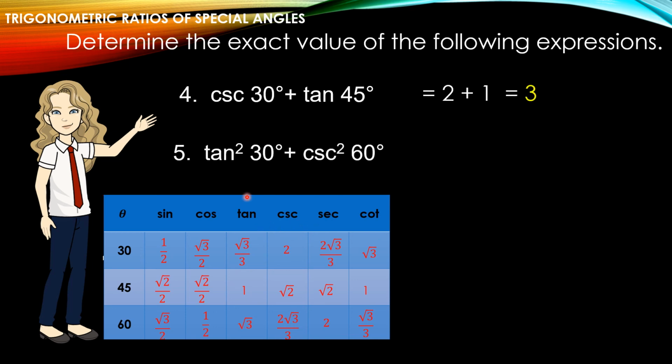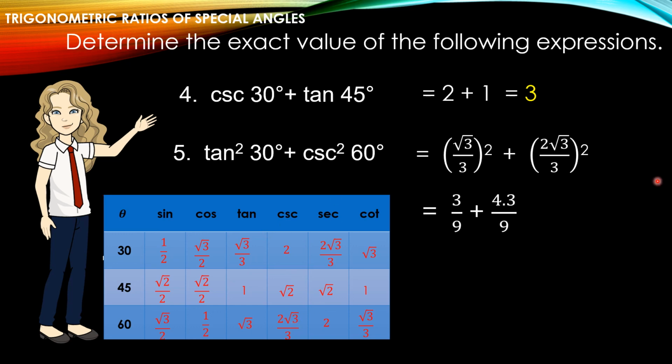So in number 5, tangent squared 30 degrees. So where is tangent? Tangent 30 is square root of 3 over 3. So you write square root of 3 over 3, quantity squared, plus cosecant 60. Cosecant 60 is 2 square root of 3 over 3, quantity squared also. Then multiplying by itself, square root of 3 times square root of 3 is 3.